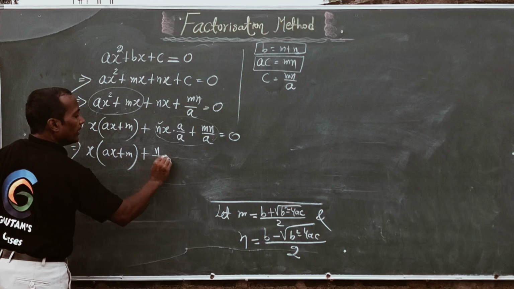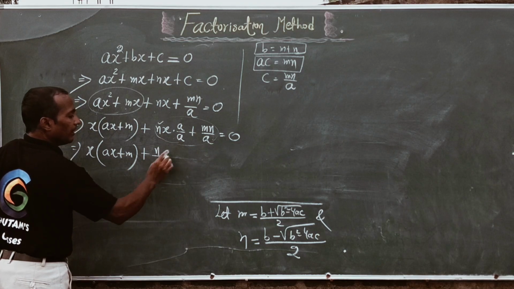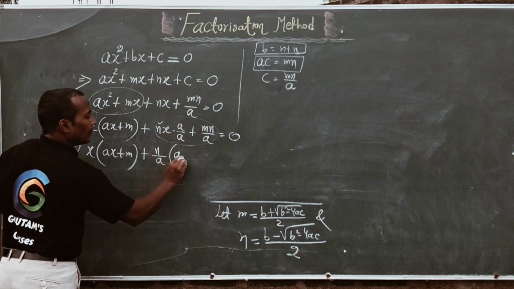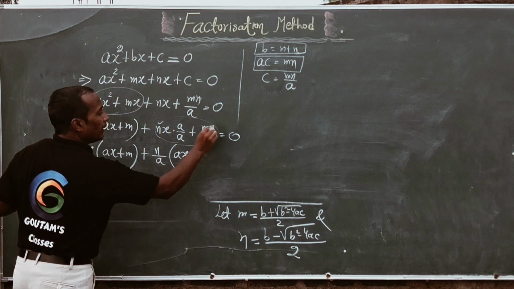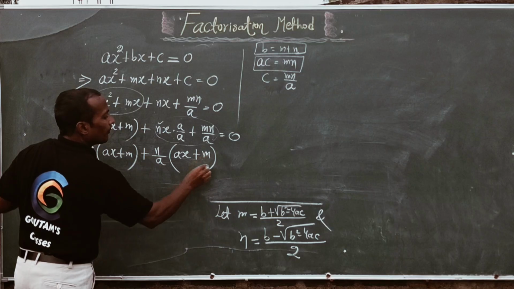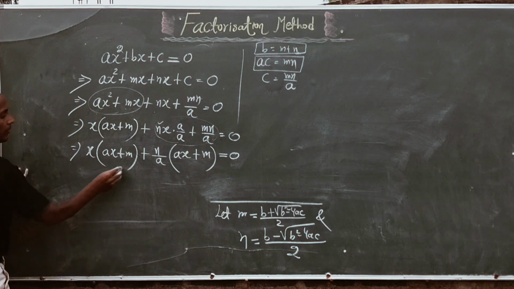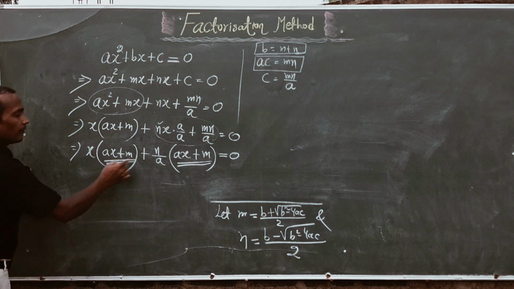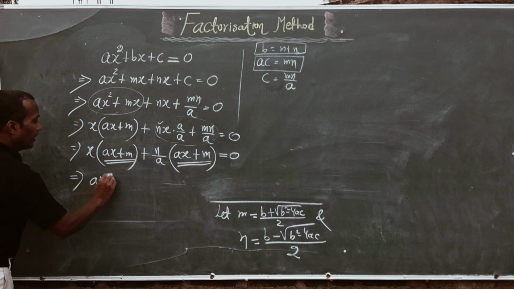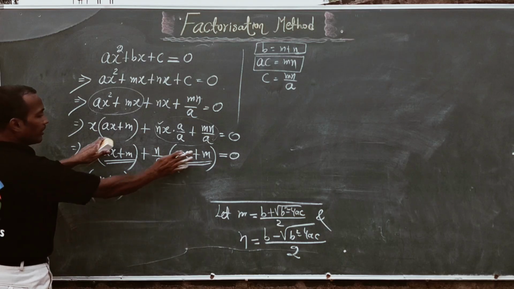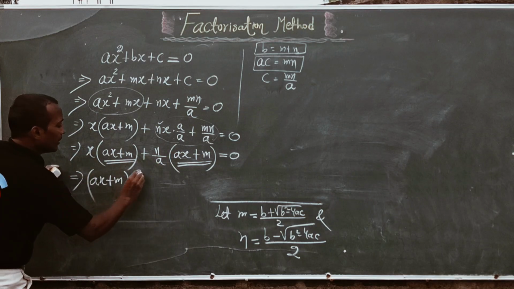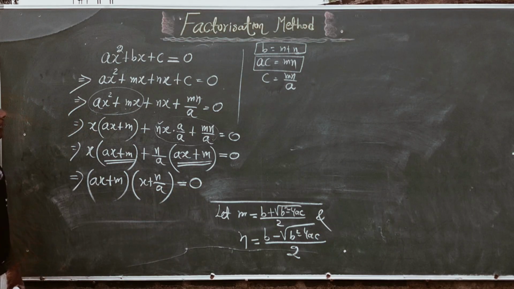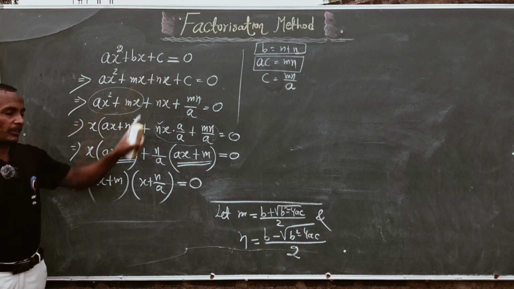If I take n and this denominator a as common, in this term x is left and a is left. So I am left with a and x, and here n by a is gone, m is left. So now you can see this part gives you the same binomial. Taking the same binomial ax plus m common, you are left with x plus n by a equals 0. So we factorized ax square plus bx plus c.